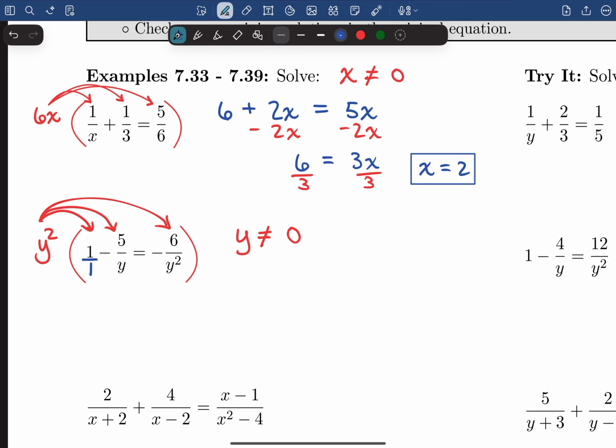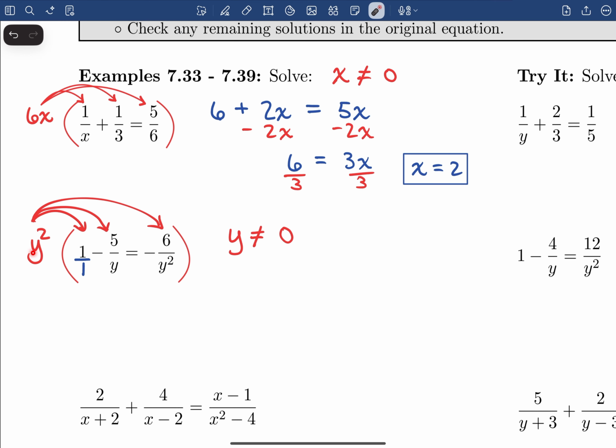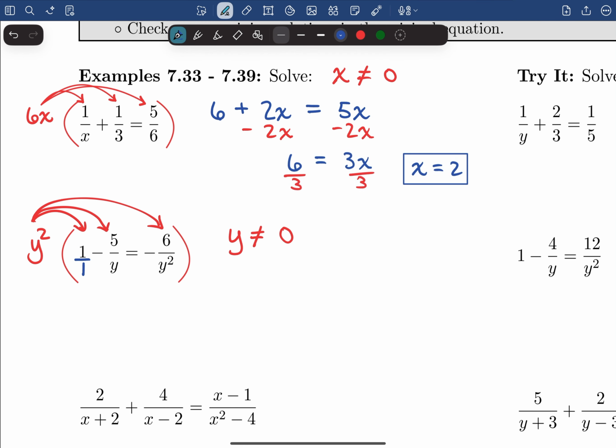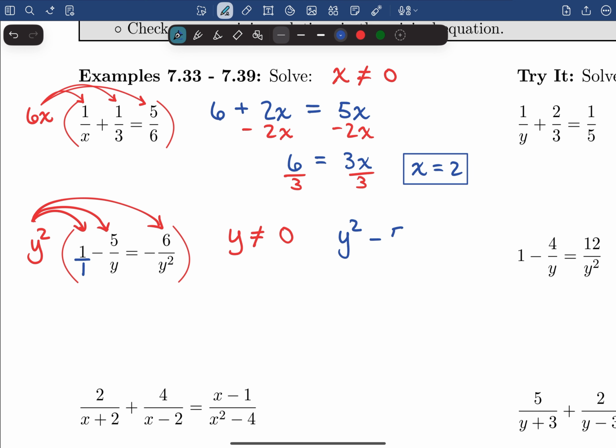Okay, so my result after doing all of this, well, y squared times 1 is y squared, divided by 1 is still y squared. So I get a y squared. Okay, and then take y squared and multiply it by 5. That's 5y squared. Divided by y, well, that's 5y. And there was a minus sign in front of it.